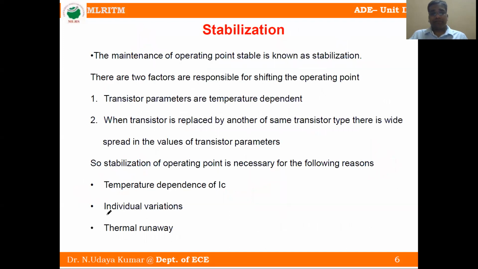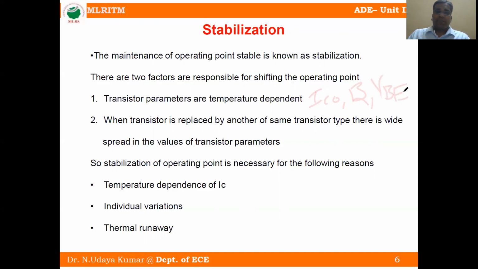This point, VCE comma IC, we call the operating point or Q point. There are two factors responsible for shifting the operating point. First one is transistor parameters, which are temperature dependent. So what are the transistor parameters? They are the leakage current IC naught, the current amplification factor beta, and the base emitter voltage VBE.